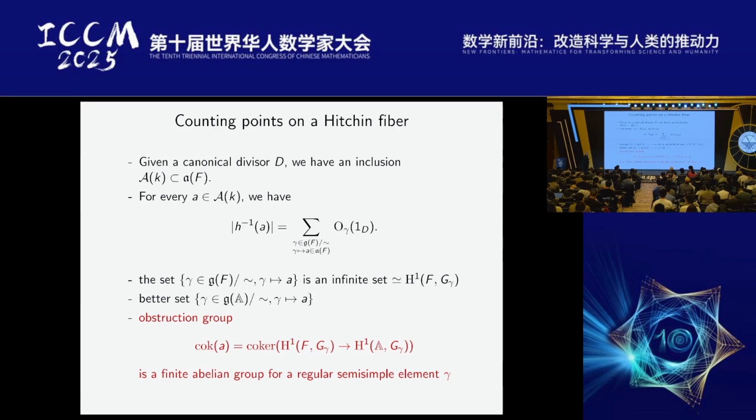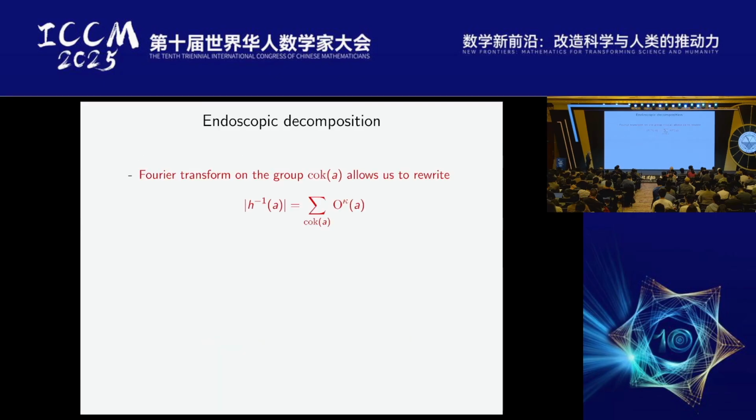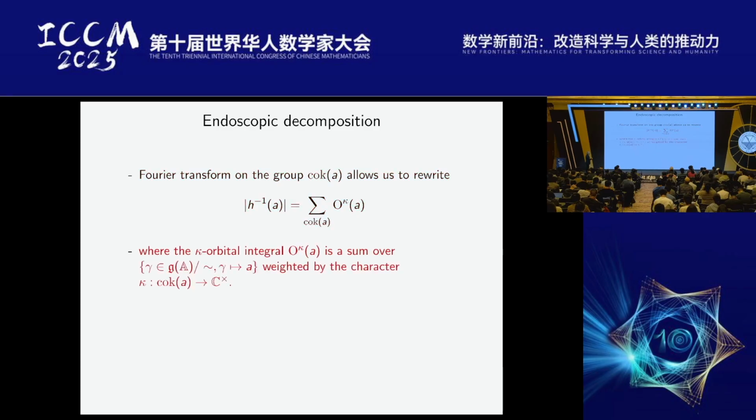So by doing Fourier transform on this, we have this H1 minus A, some O kappa A, and kappa is actually in the dual. Sorry, there's some misprint here.